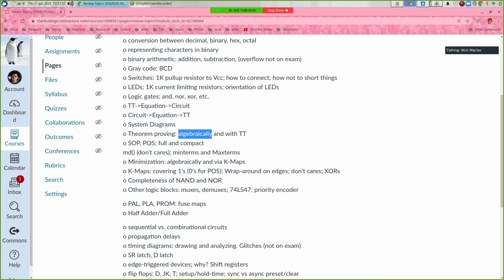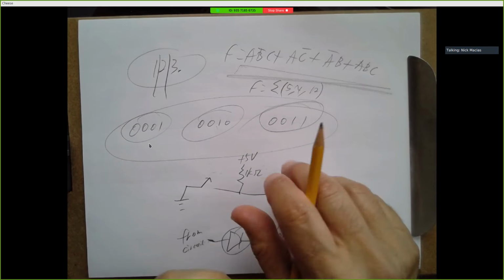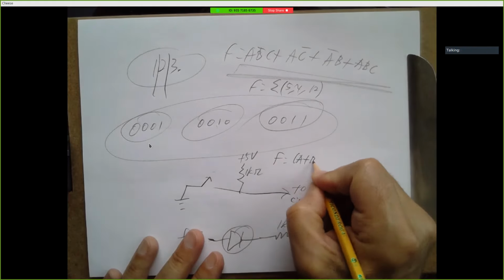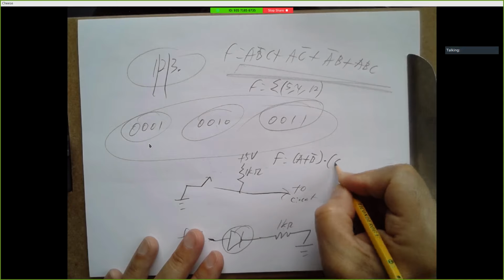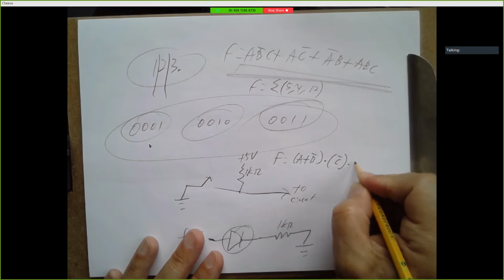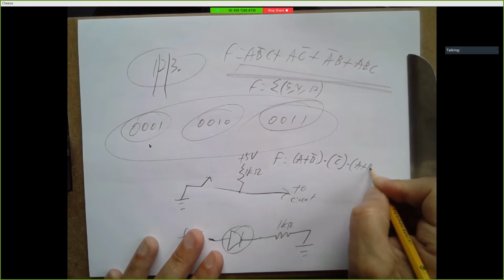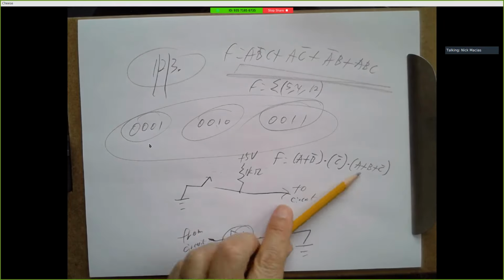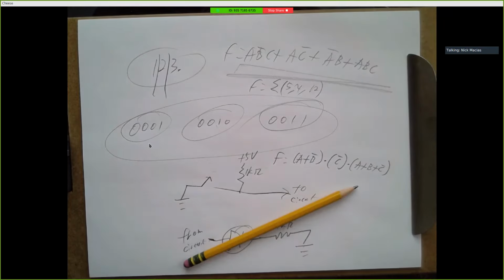And the product of sums is the dual to this, where F is something like that, where each term is an OR, and you put all of those through an AND.